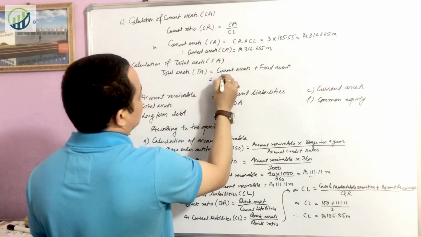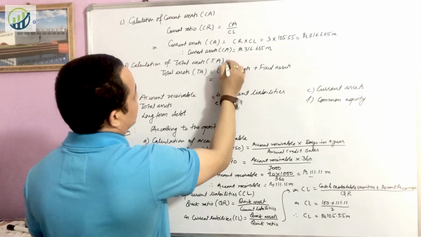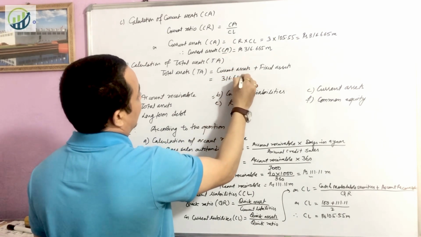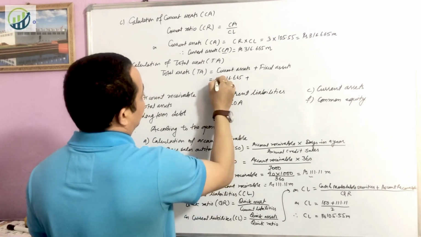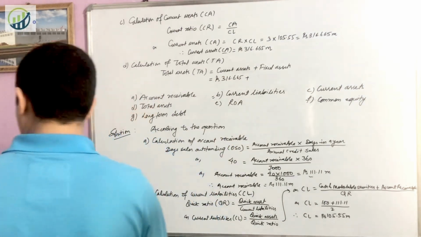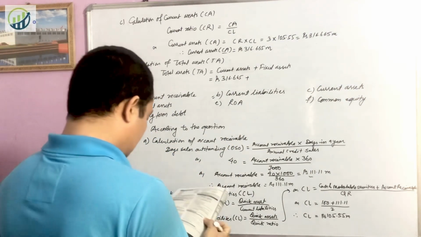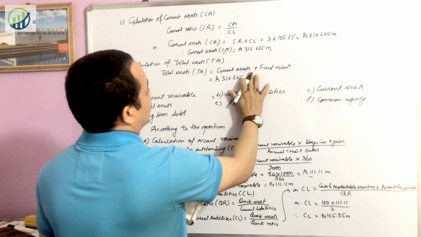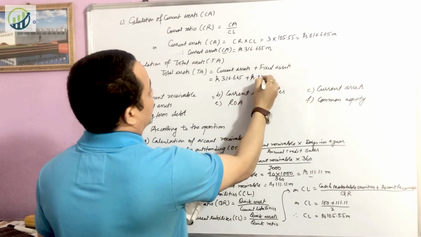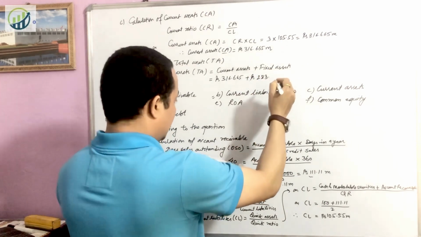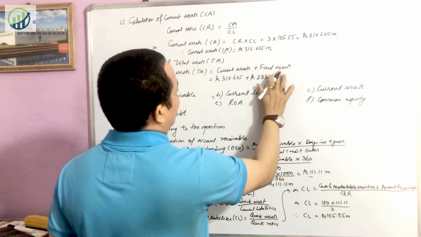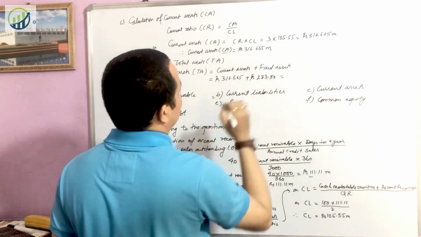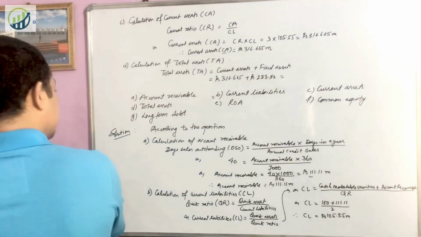Here current assets CA is 316.665 plus fixed assets. Fixed assets is given in the question, rupees 283.50 million.